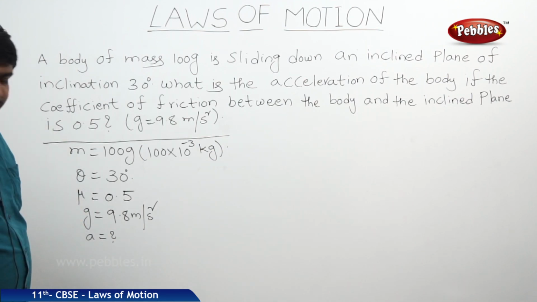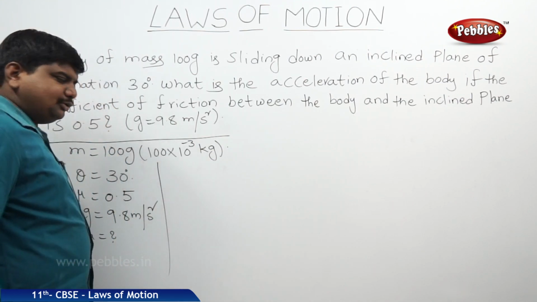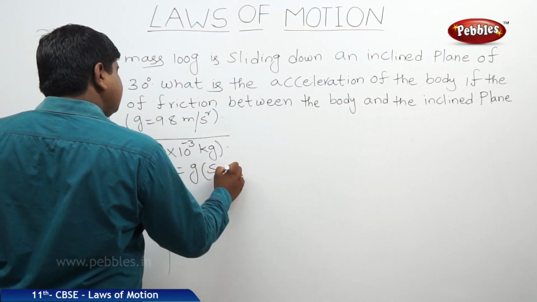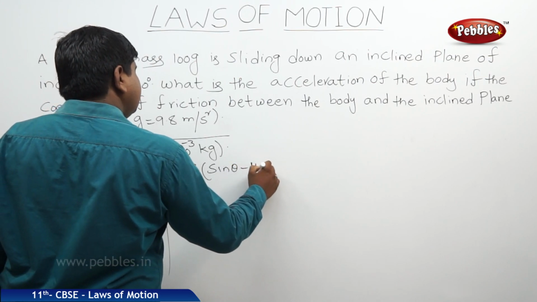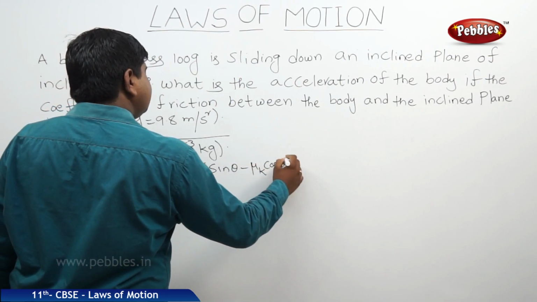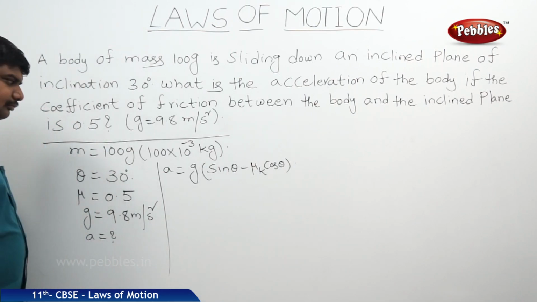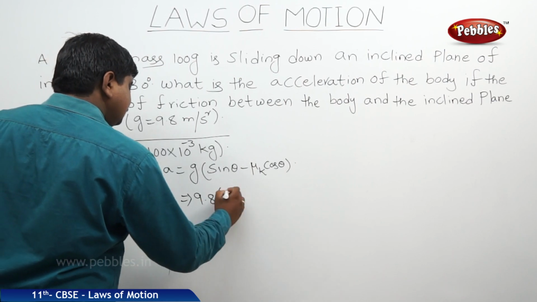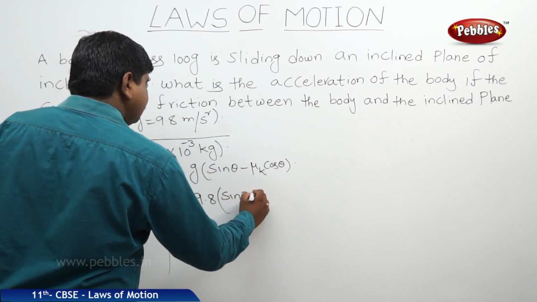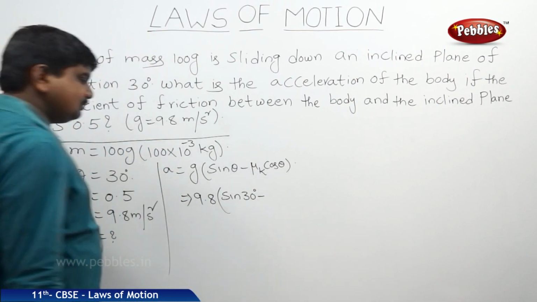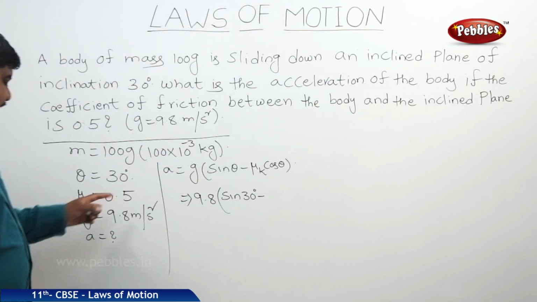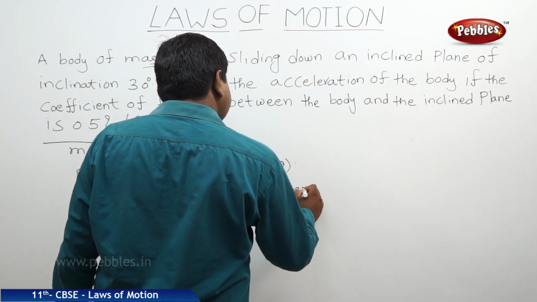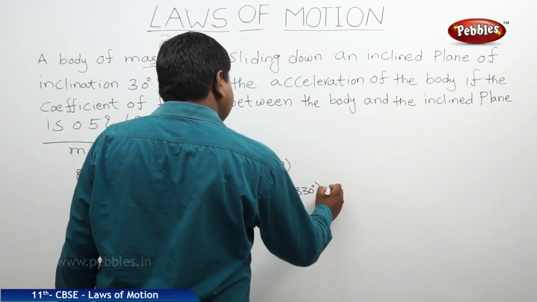So if you keep on substituting, a is equal to g into sin theta minus mu k cos theta. g is 9.8 into sin 30 degrees minus mu k is 0.5 into cos 30 degrees.